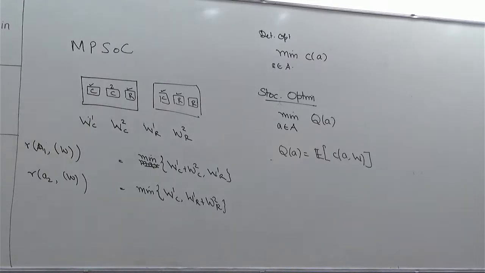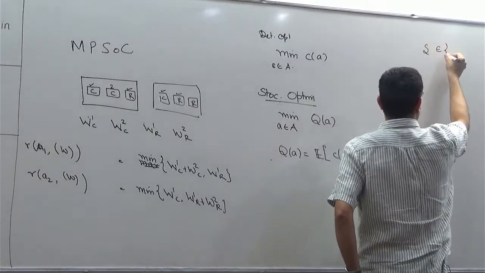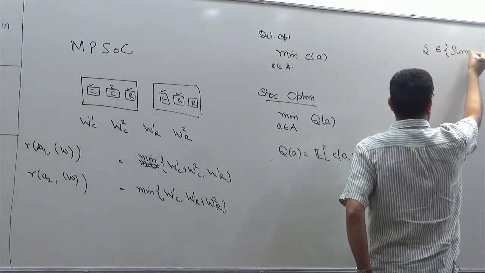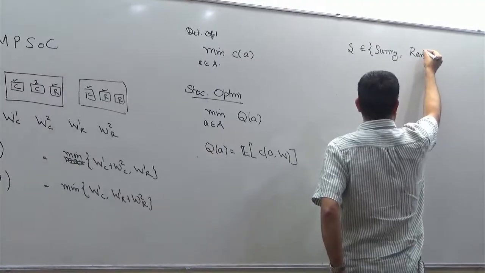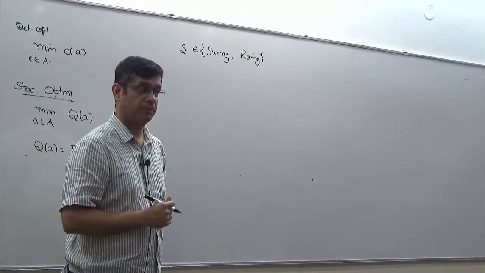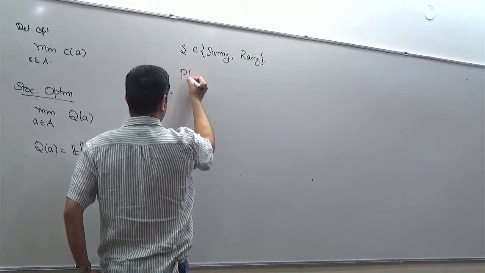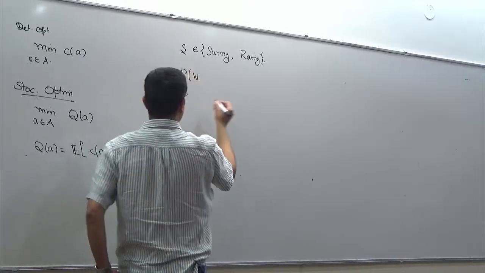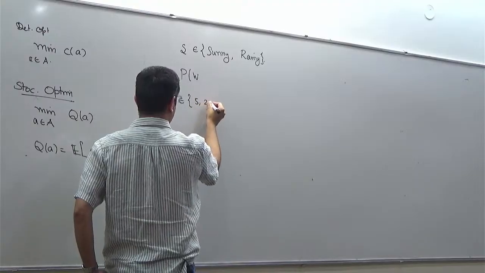So I'm going to model this by saying that there is an event S which is sunny or rainy, and this event determines the distribution of my demand. So the distribution of my demand was probability of W. Recall that in this example W takes value in a set which is 5 or 20.